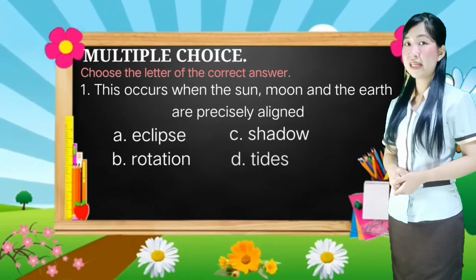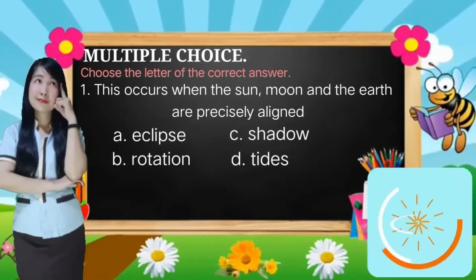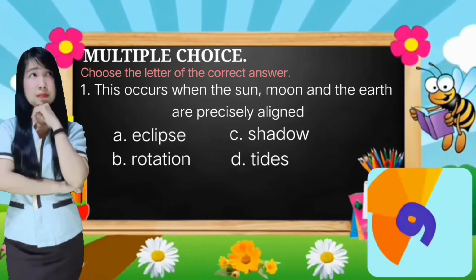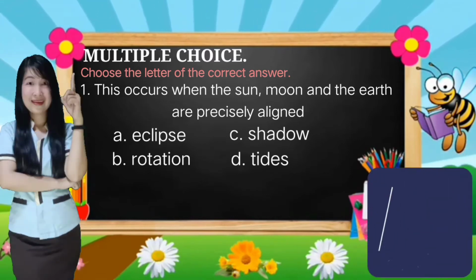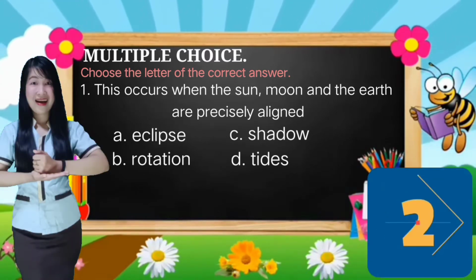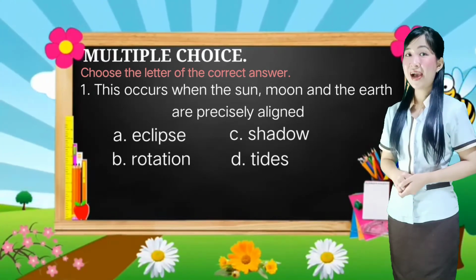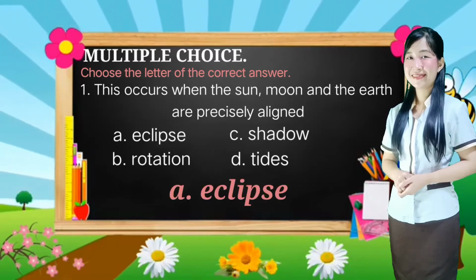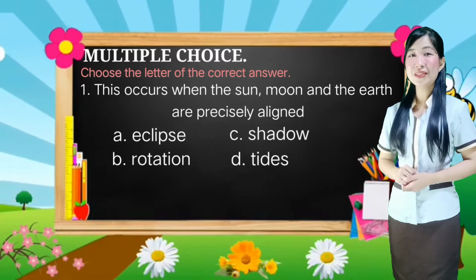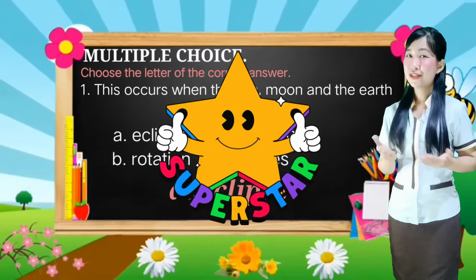Or letter D, tides. And the correct answer is, very good. Letter A, eclipse. Here's your star.